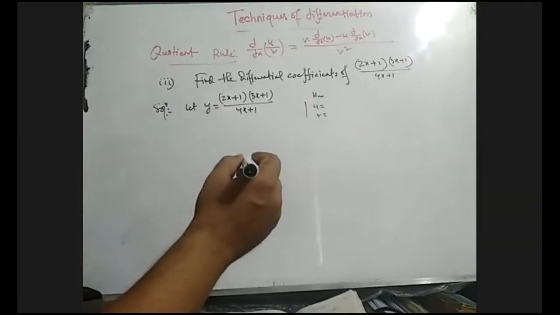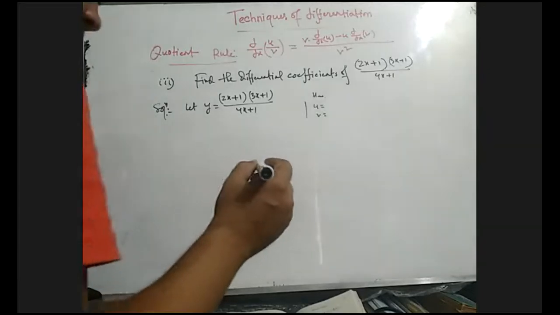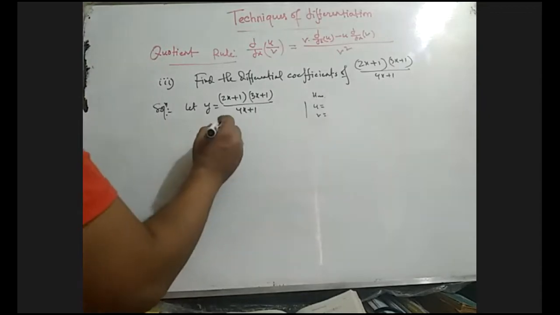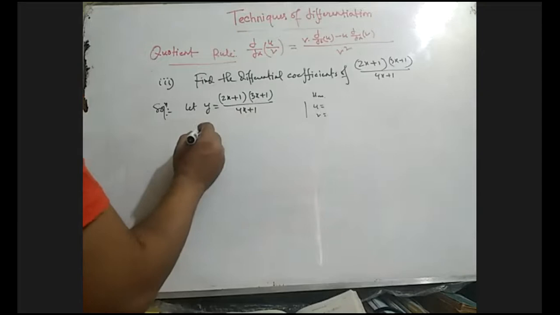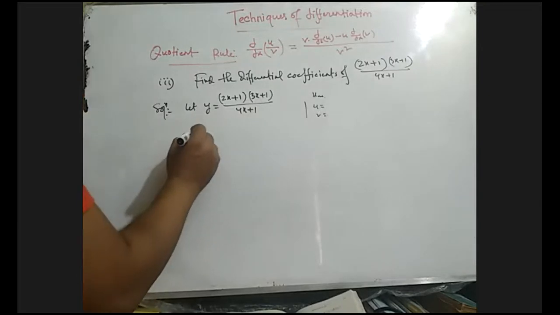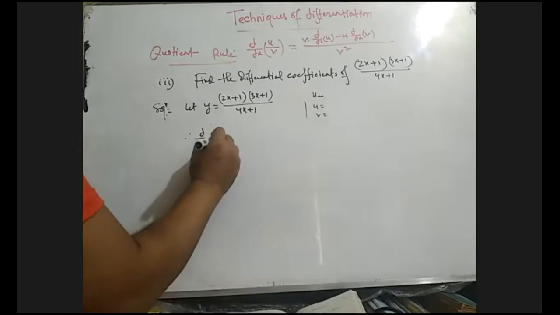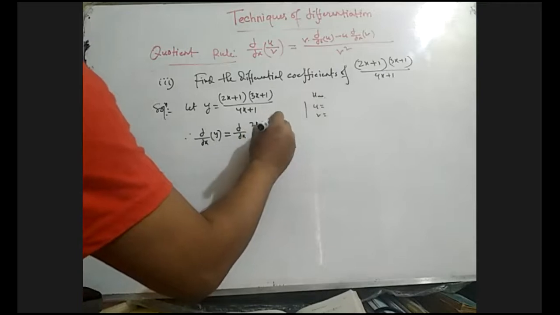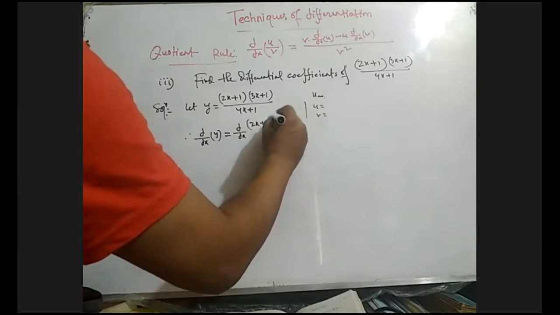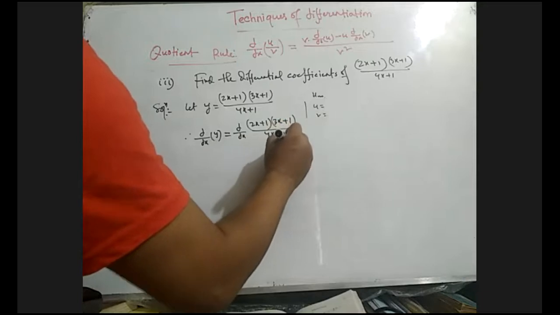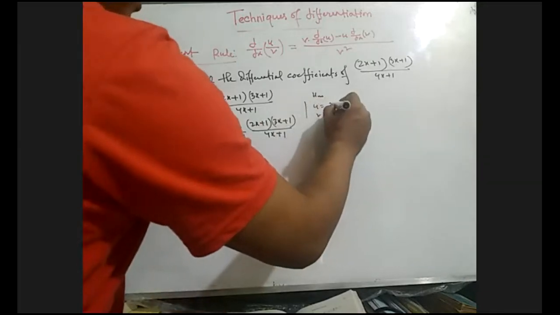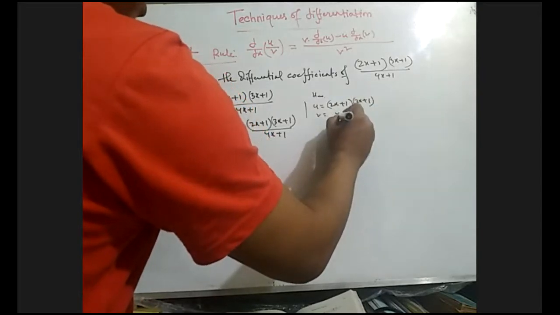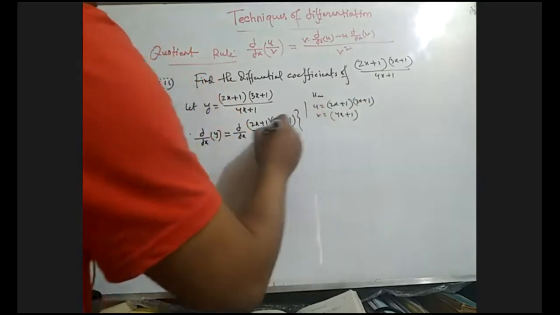Actually, here we have to use a trick. Taking d/dx on both sides, d/dx of (2x plus 1)(3x plus 1) divided by (4x plus 1). Here u equals (2x plus 1) into (3x plus 1) and v equals 4x plus 1. Understand everybody?